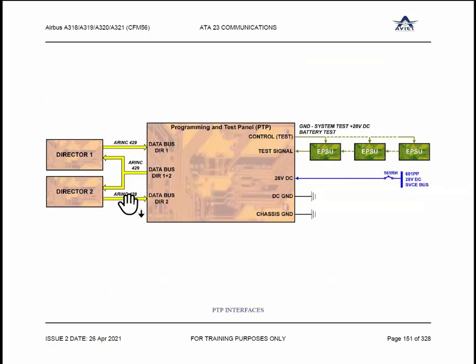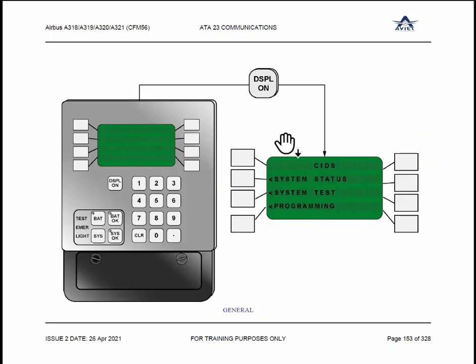So they are having 4 to 9 connected, director 1, director 2 and common directors. And they are connected with the EPSU for the test, the battery capacity test, and system test purpose. It's getting the supply from 601 again, the service bus. These are common interfaces, nothing great. PTP we will discuss after the break. Right, sir? Let's take a break.